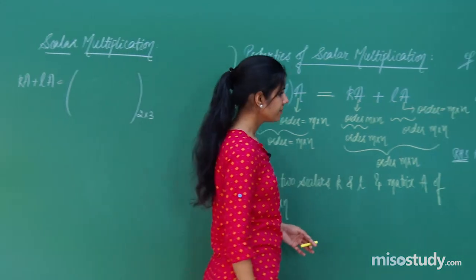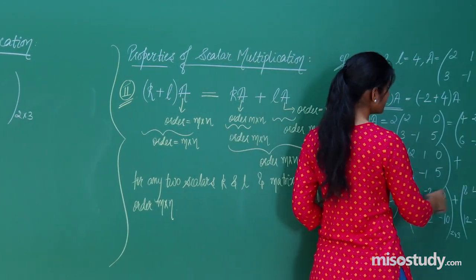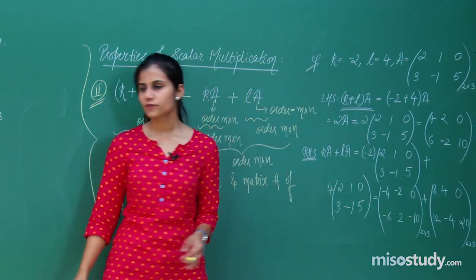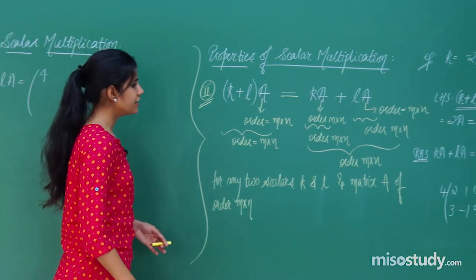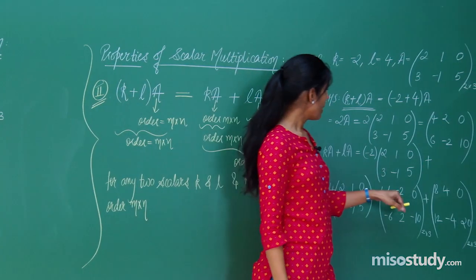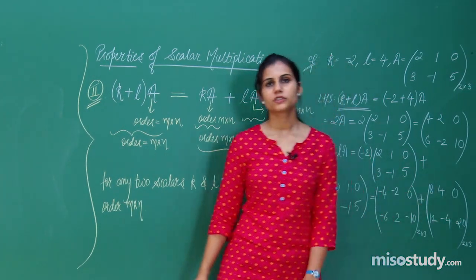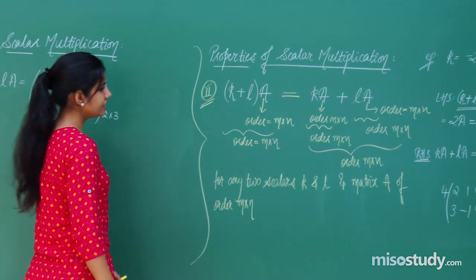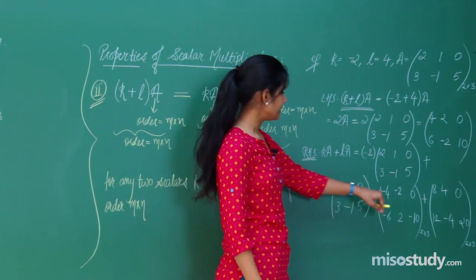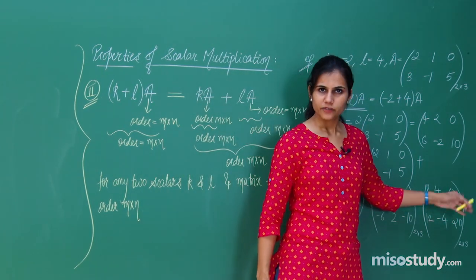1/1th entry will be -4 plus 8, that is 8 minus 4, which is 4. 1/2th entry will be -2 plus 4, which is 4 minus 2, that is 2. 1/3th entry will be 0 plus 0, which is 0.